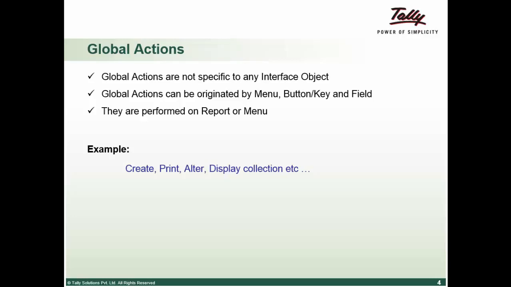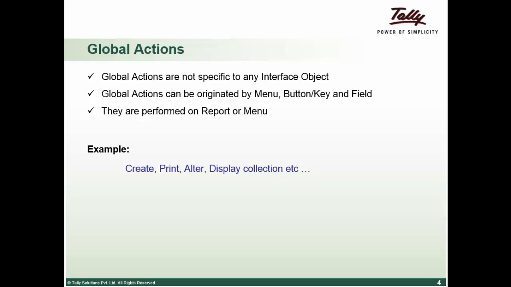At button level, we have also created a button and we have seen there is an attribute called action, and there is a series of actions available, and this action can be global actions. And at field level, you can specify an action. Whatever action is specified, these global actions can be performed only on a report or menu.